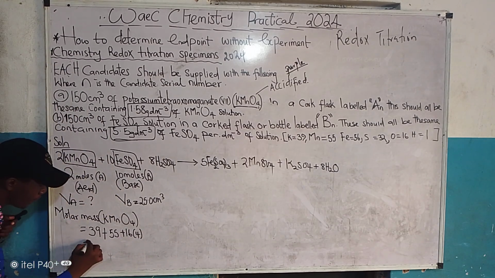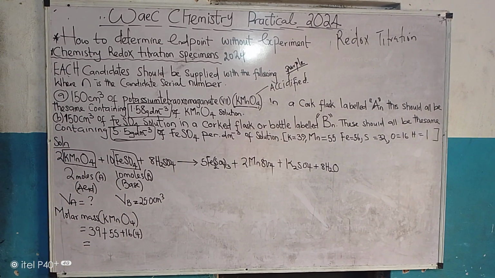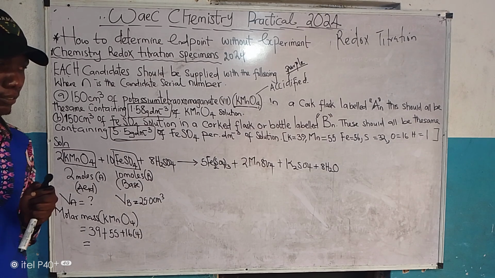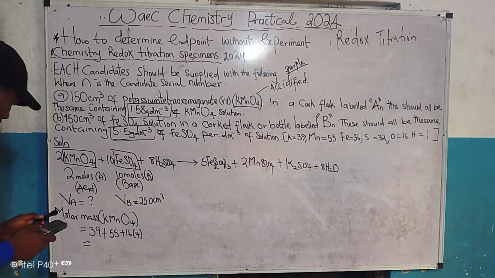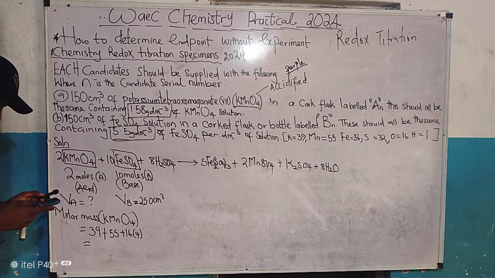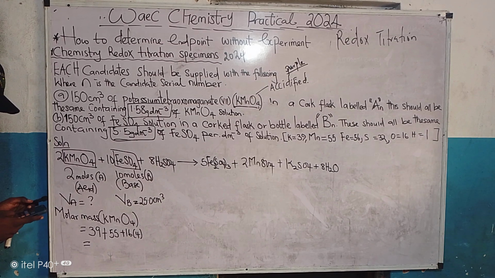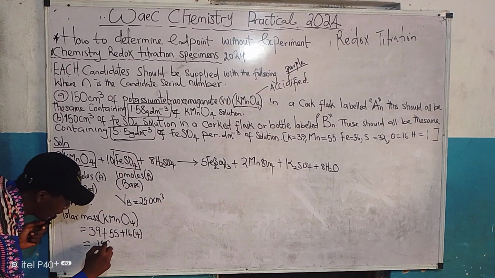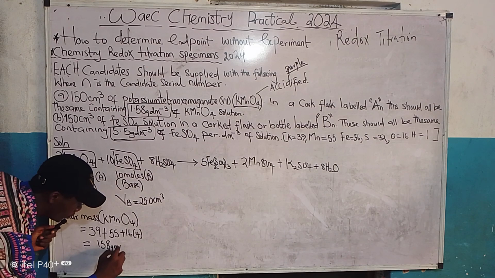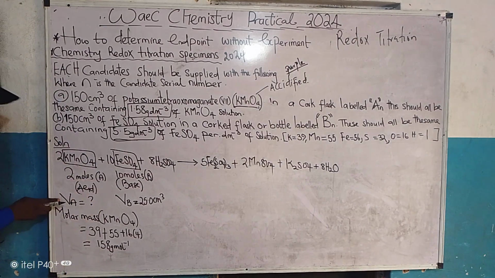Let's use our calculator to get it. 39 plus 55 plus 64 gives 158. So you have 158 grams per mole. This is the molar mass of A.